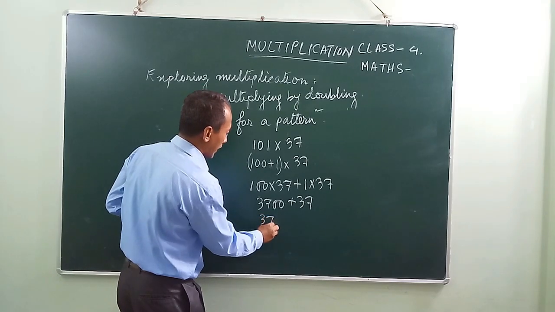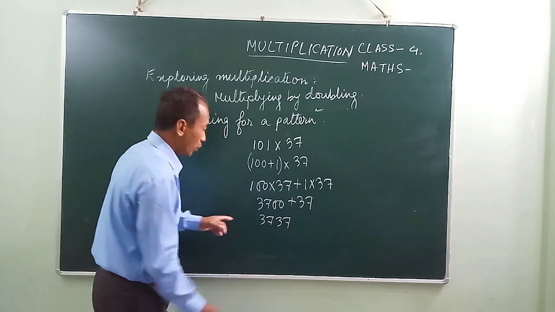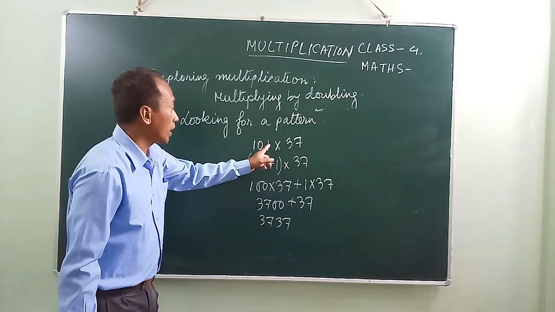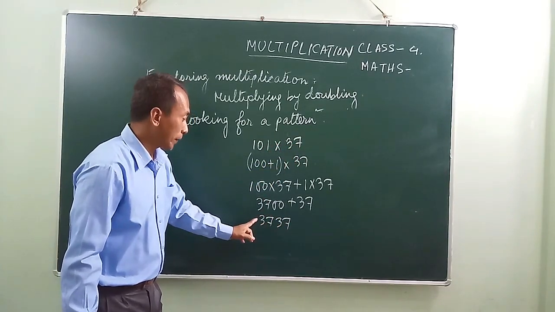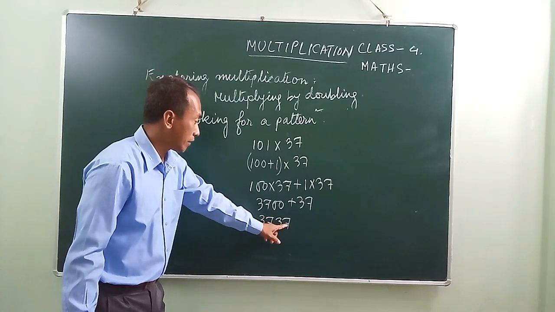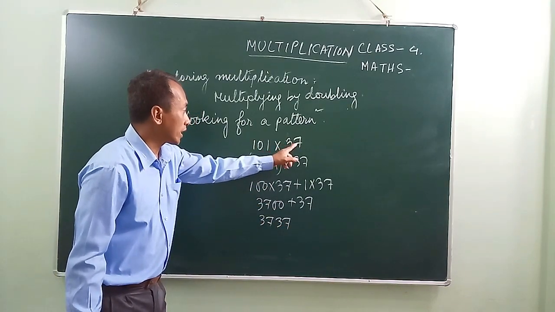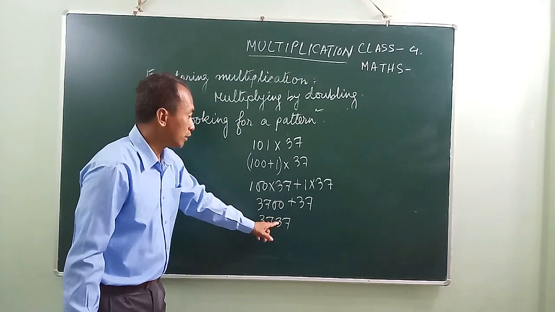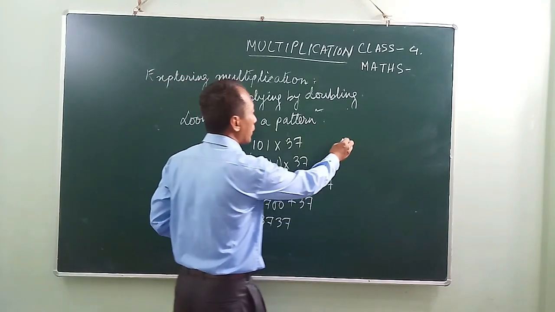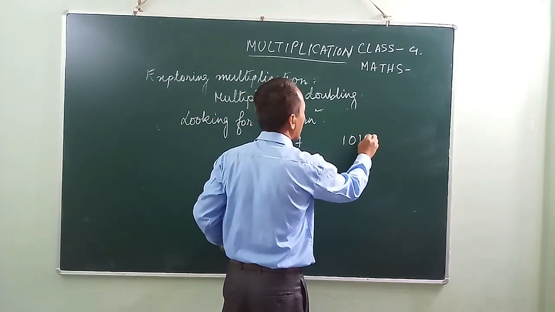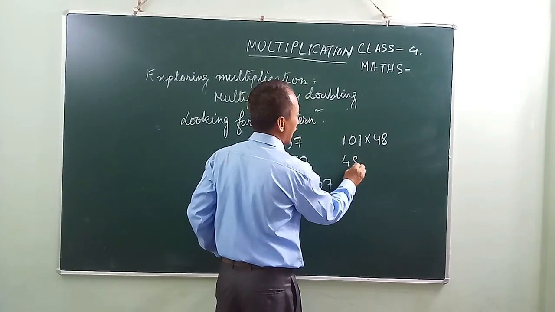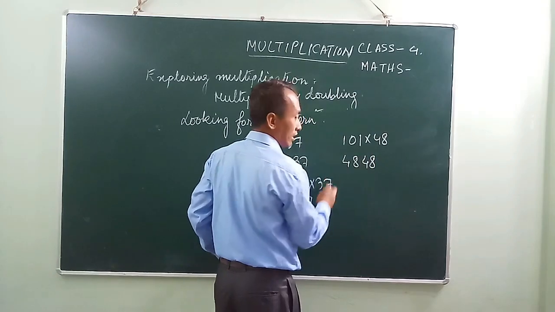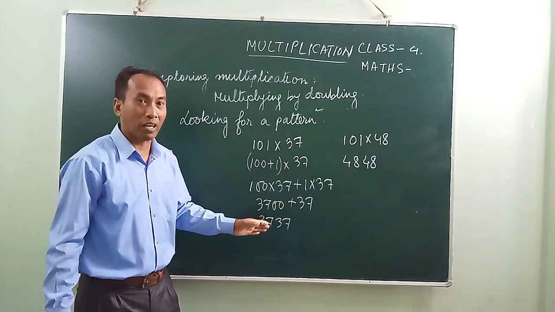So 3737. So what is the pattern here? 101 into 37 is 3737. If I give you any number, 101 into 48 will be, you can easily say, 4848. So this is called looking for a pattern.